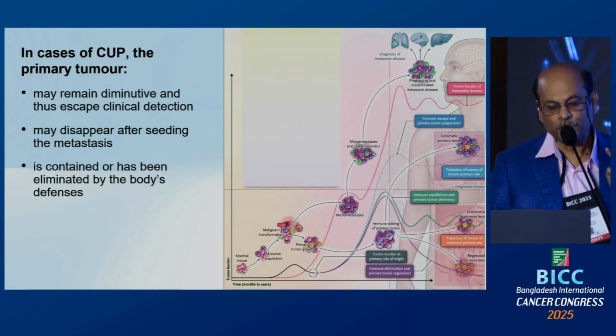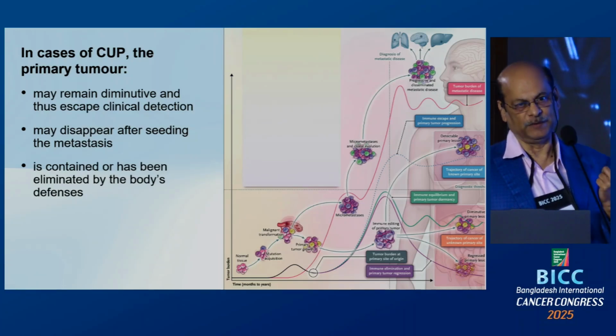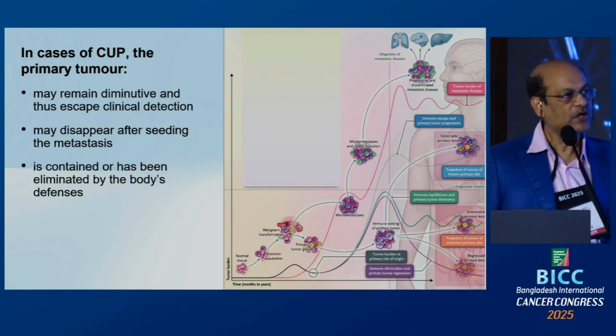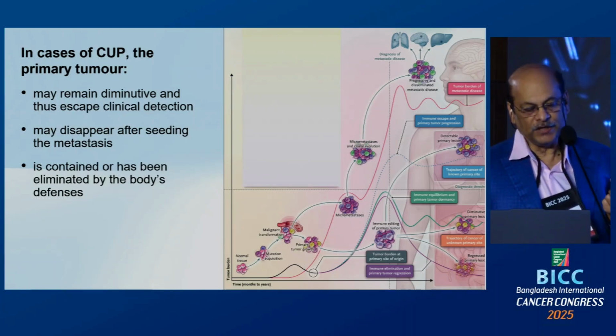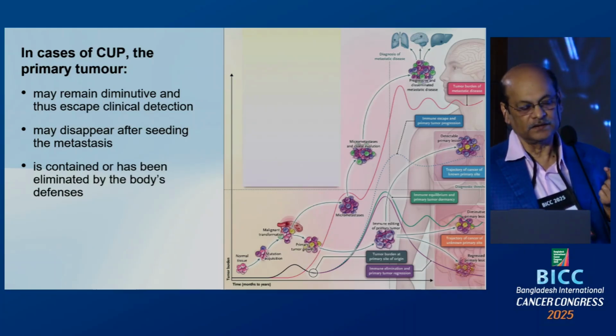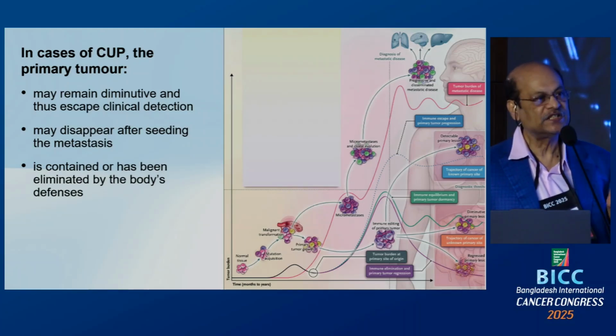So in case of CAP, what actually happens to the primary tumor? Many primary tumors remain diminutive and thus escape initial detection. It may disappear after seeding the metastasis.